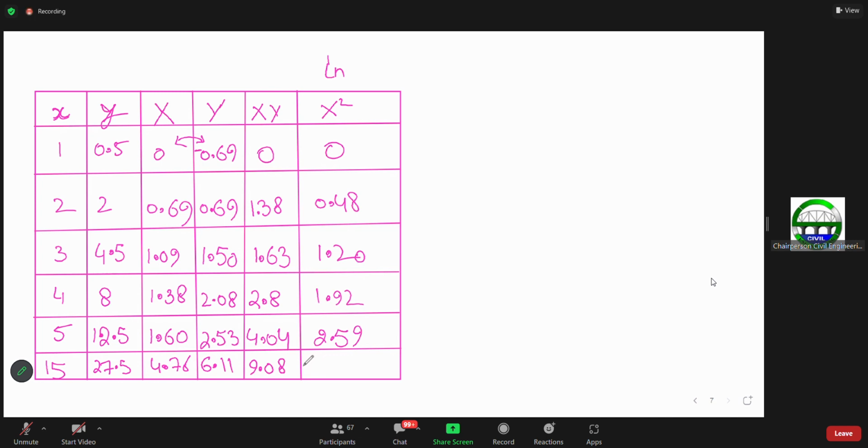What is 9.85? xy 9.85. And what is the summation of x squared?